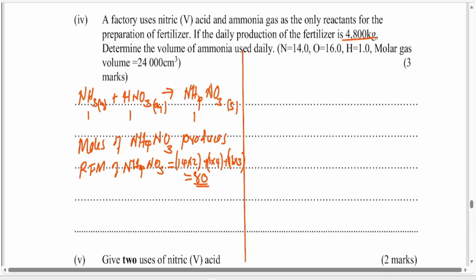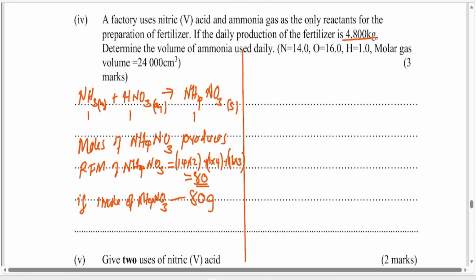So if I know the RFM is equivalent to 1 mole, then I'll ask myself, if 1 mole of ammonium nitrate is equivalent to 80 grams. Allow me now to use grams because I'm now working out the moles in these masses.